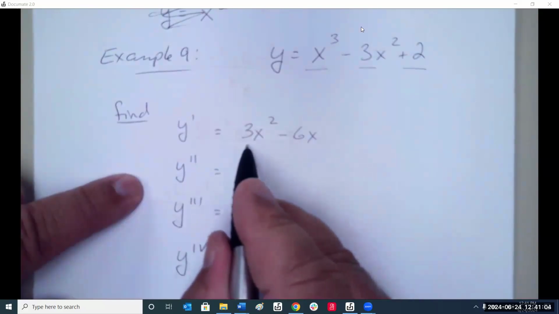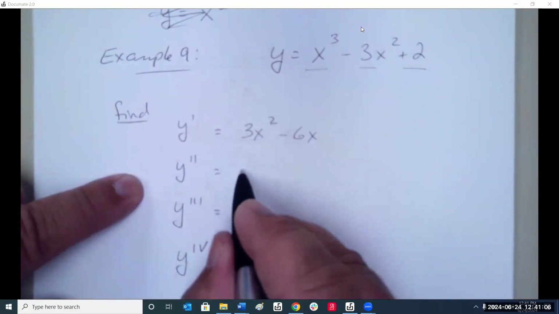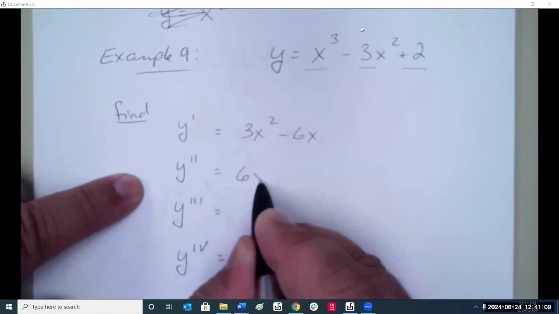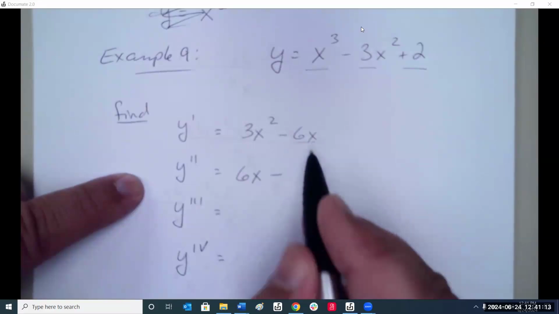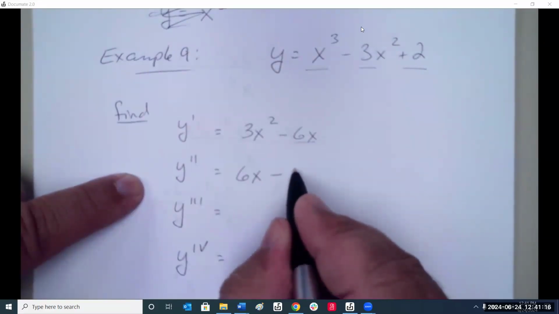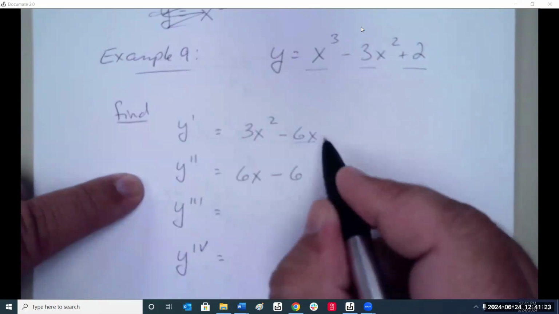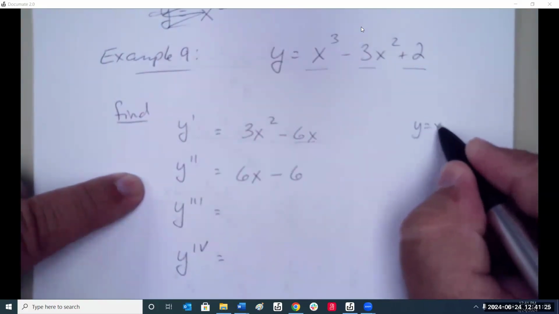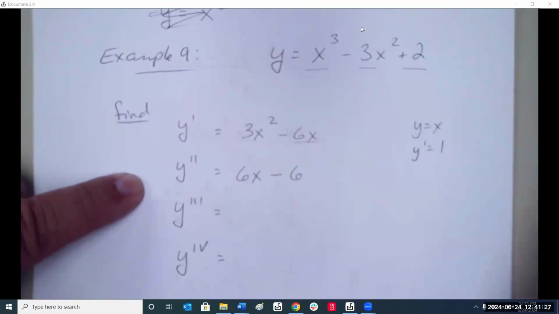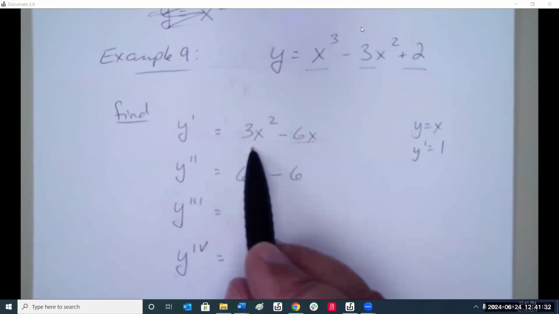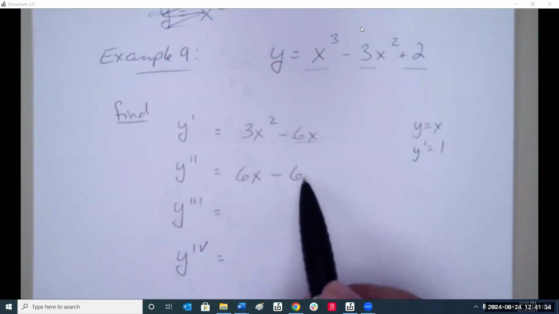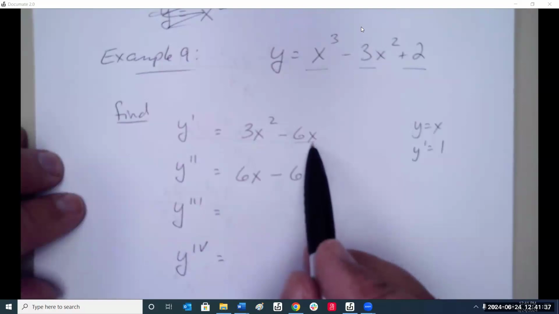Second derivative. Derivative of 3x squared is 6x. The derivative of 6x... remember, are we looking for the derivative of negative 6x?